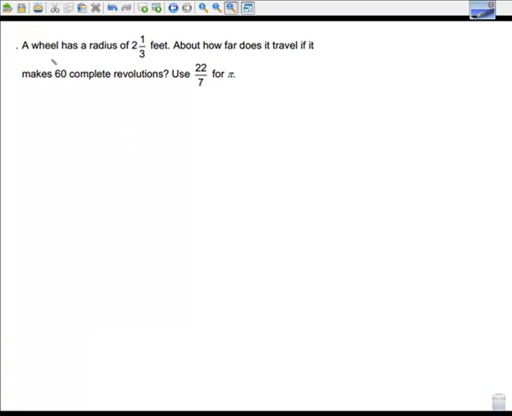And this is our last one. It says a wheel has a radius of 2 1/3 feet. About how far does it travel if it makes 60 complete revolutions? So a revolution is one time around. So around the circle is circumference. So I need my circumference formula, 2 pi r. So one revolution is the circumference.